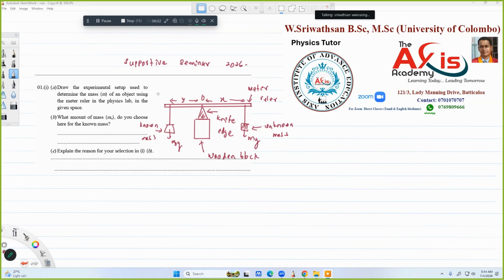Draw the experimental setup. Okay, that's okay. What amount of mass m naught do you choose here for the known mass? The known mass should be nearly equal to this; the value of m naught is close to m.